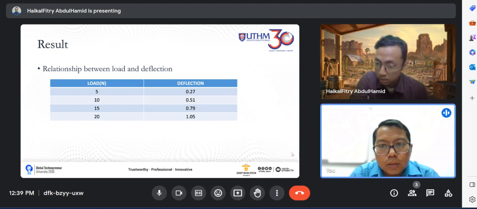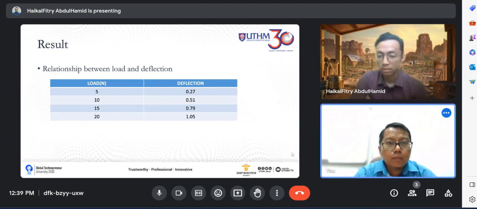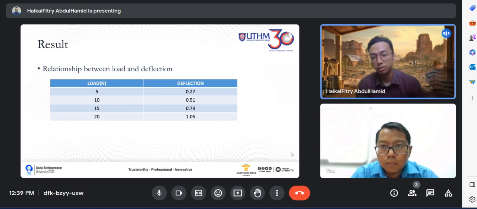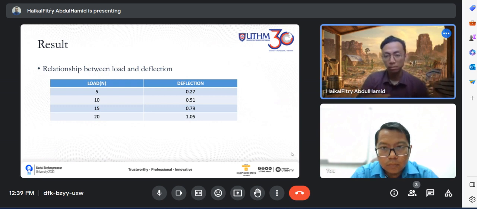What can you conclude based on this result? The reading is getting higher. Based on this result, the load is getting higher, starting from 5 newtons to 20, but the deflection is also getting higher, getting bigger.